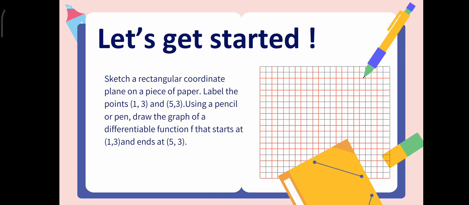Using a pencil or pen that you have, you can plot the points (1, 3) and (5, 3) and draw a graph from that point of a differentiable function that starts at (1, 3) and ends at (5, 3). Okay? You may pause the video if you want to join. Okay, so let's continue now.